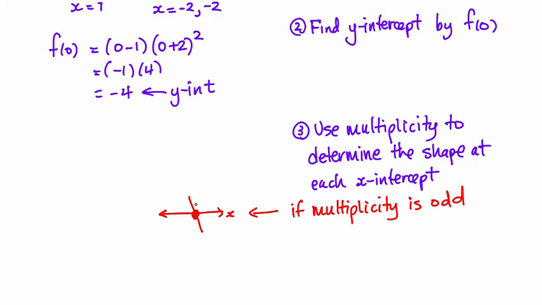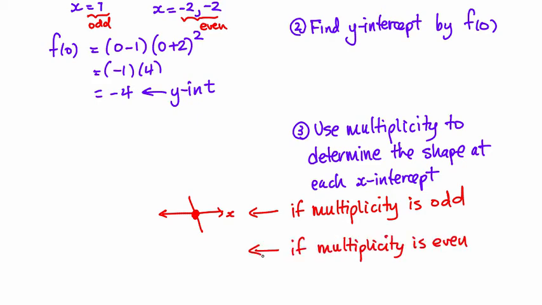Something quite different happens if the multiplicity is an even number. So up here we've got one that's even and we have one that's odd, so we'll see both of these in this example. But if the multiplicity is even, that means your x-intercept has happened more than one time. When you solve, you get the same answer more than once. Then what happens as you get close to that x-intercept, so this is our x-axis, here's the intercept, the graph comes towards it, it touches that point, and then it goes away.